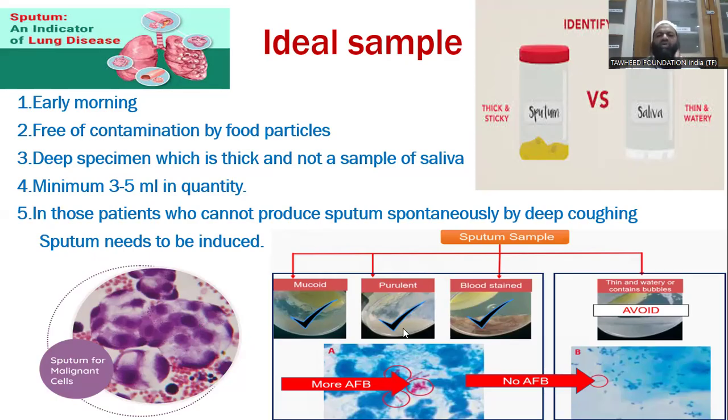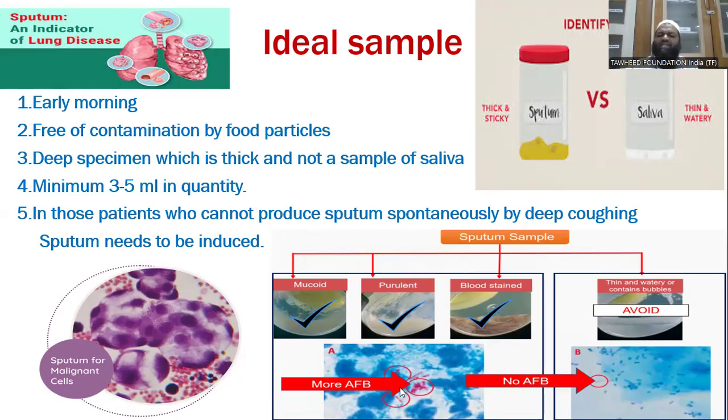Coming to the sputum sample, it is a mucoid sample and a purulent sample. If you see here, it contains purulent material and is full of mucus. Mucoid sample, purulent, and here it is a blood-stained sample. And here, more AFB after a Ziehl-Neelsen stain, you can see these bacilli observed under the microscope.